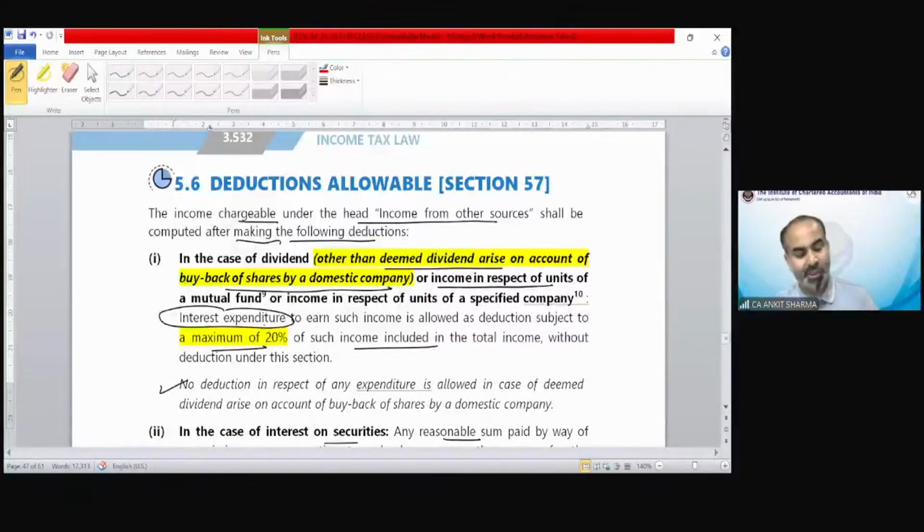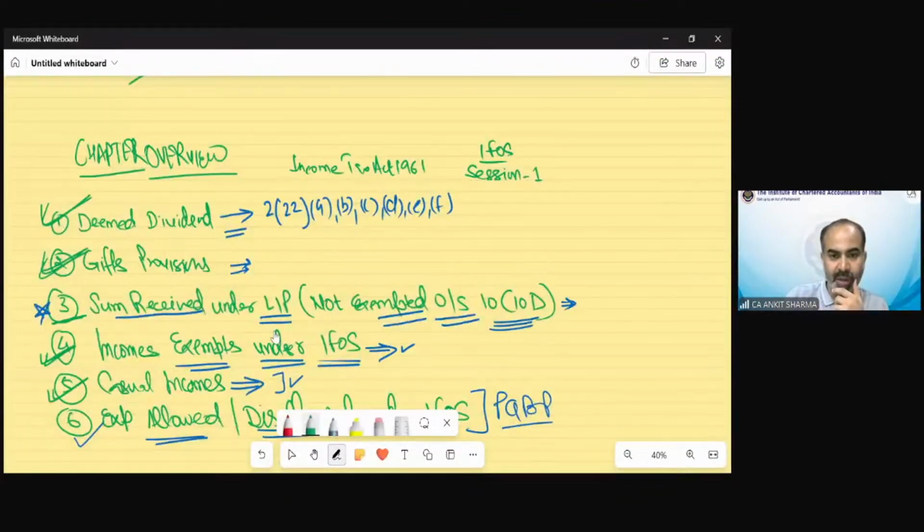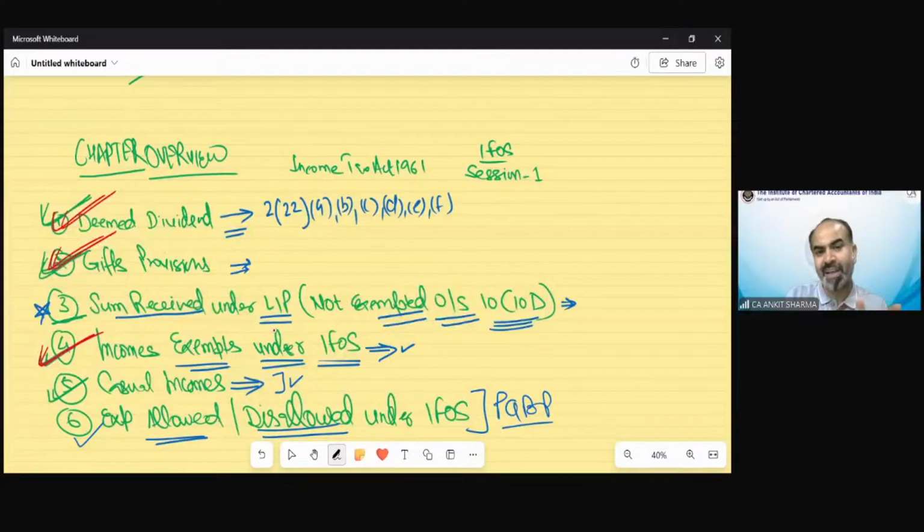Now, what are the expenses allowed when we earn income from other sources? That is the topic. I explained at the start of the class that we are going to discuss these topics. Deemed dividend we have completed, gifts provision we have completed, certain incomes that are exempted we have completed, casual incomes completed.